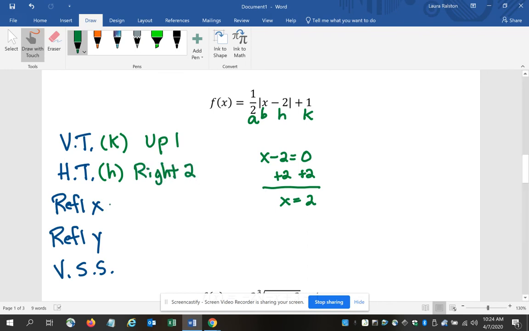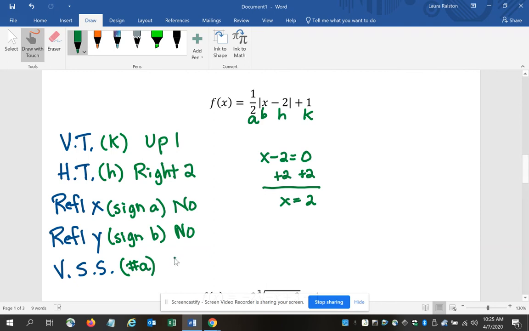2 units. Reflection on x is determined by the sign of A. A is positive, so there's no reflection. Reflection on y is determined by the sign of B. B is also positive, so there's no reflection on y. Vertical stretch or shrink or compression is determined by the numeric value of A. A is positive 1/2.